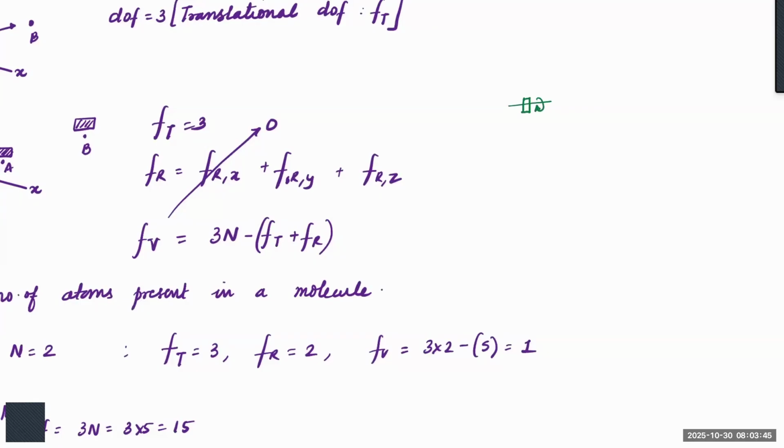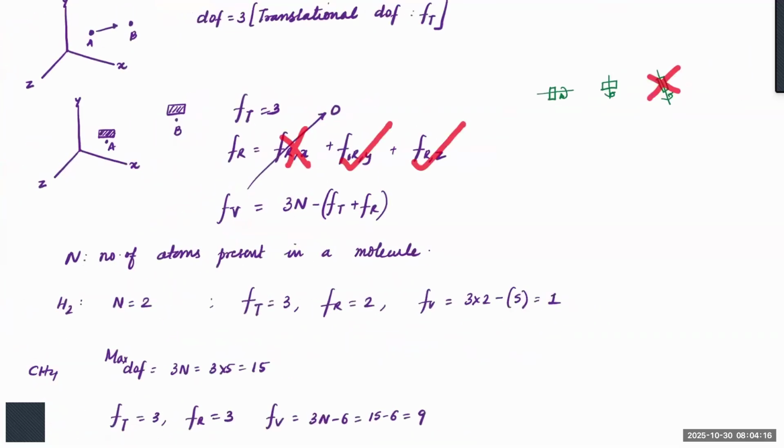If it is like this, it can rotate in this axis also. But a particle cannot rotate in this axis. I mean, it will rotate, but its contribution will be minimal. So this is the part which we are ignoring. The other two directions will have a contribution of rotation.